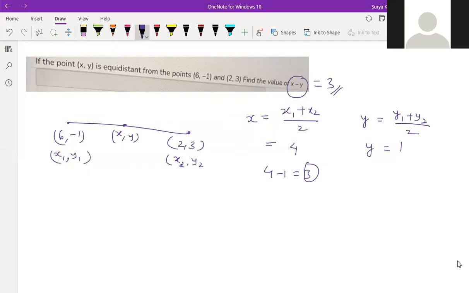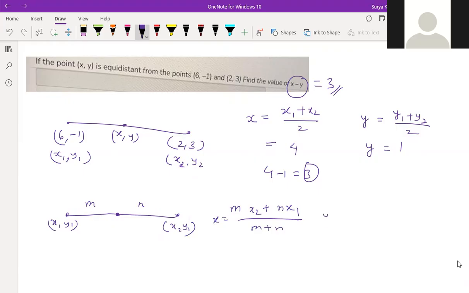And one more thing you should understand here: if it is not a midpoint, then what should you do? Let m and n be the ratio, with this being x1, y1 and this x2, y2. Remember one formula: x is equal to m x2 plus n x1 divided by m plus n. And y is equal to m y2 plus n y1 divided by m plus n.